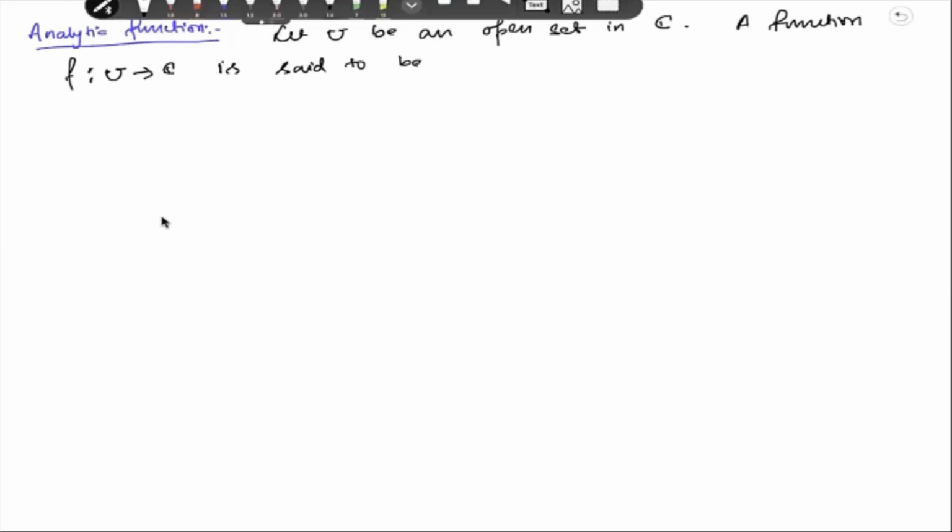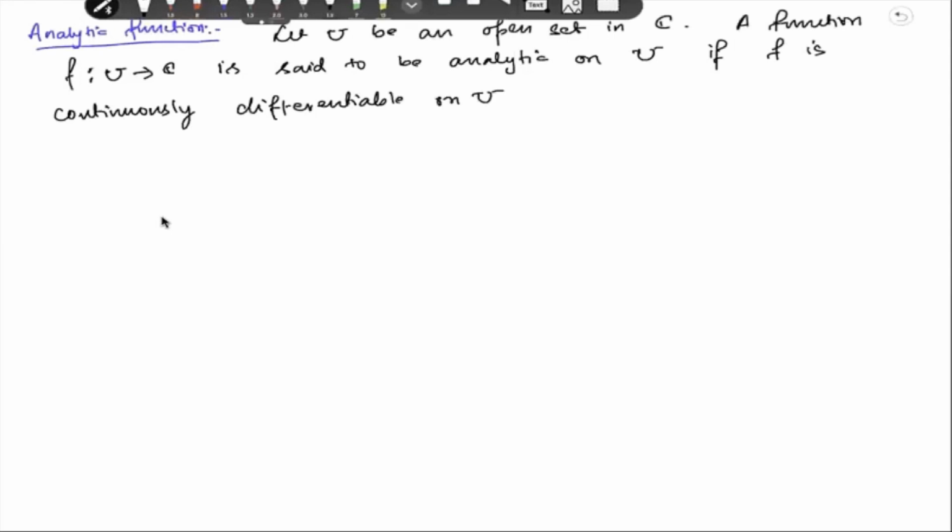analytic on U if f is continuously differentiable on U. So what is the meaning of continuously differentiable on U?